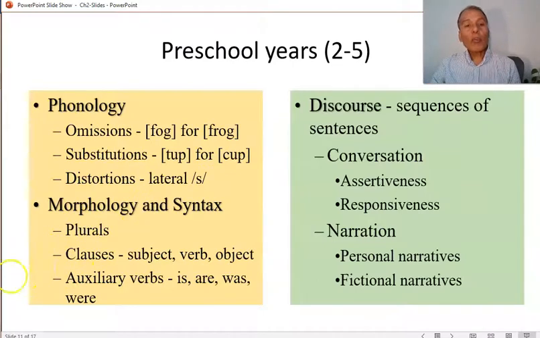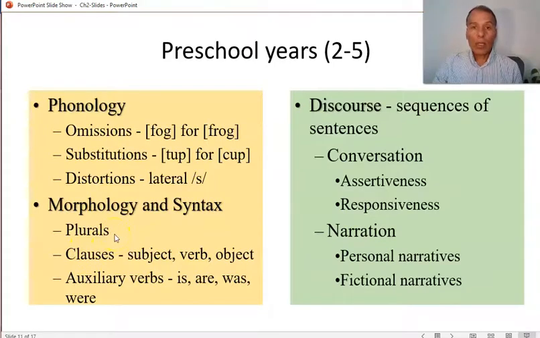In terms of morphology and syntax, between 2 and 5 years, they know the plural markers, except that there will be irregular plurals, like goose, geese, foot, feet, and so on. They are not going to know all of this yet.